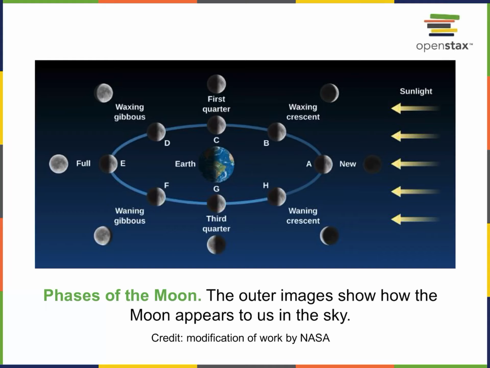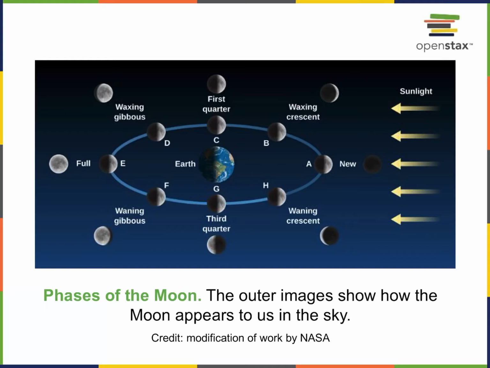And then it's a waning crescent, and then the next new moon. So again, less than half full is called a crescent, more than half full is called a gibbous, and half full is confusingly called a quarter. And for us here in the northern hemisphere, when the bright portion is on the right side, it's waxing, and when it's on the left side, it's waning.